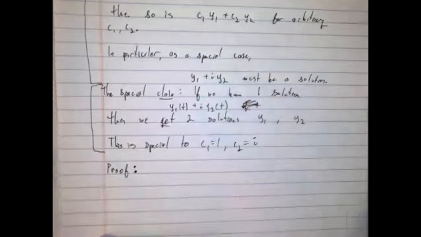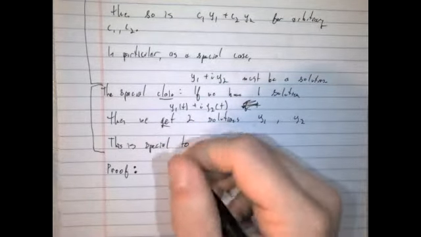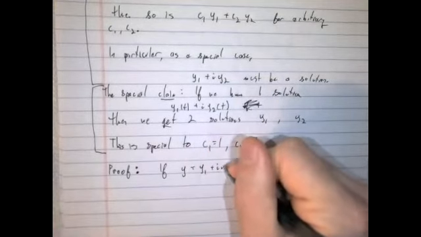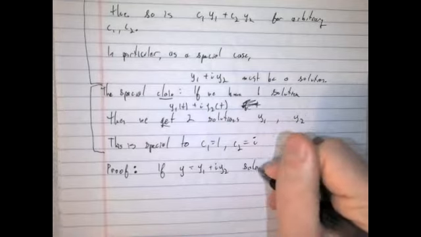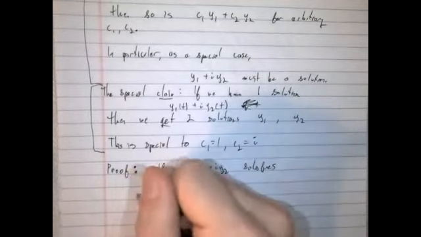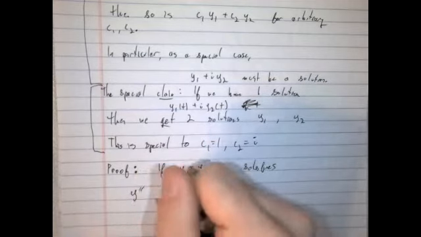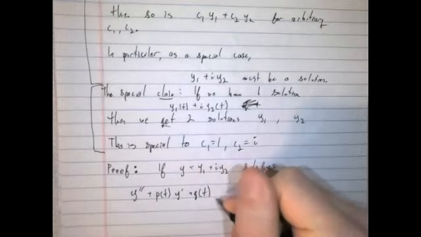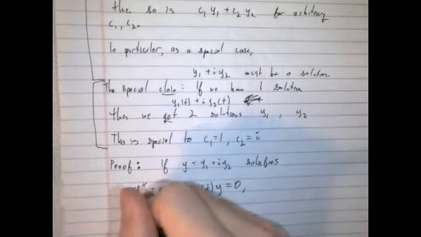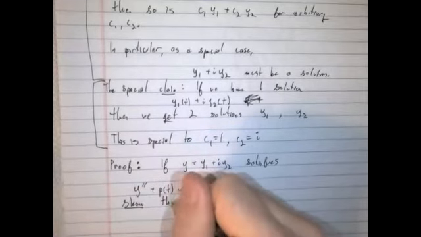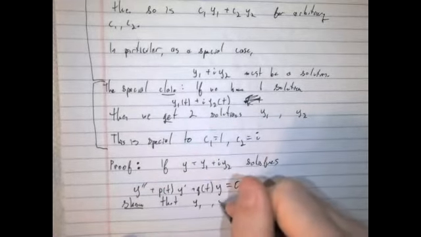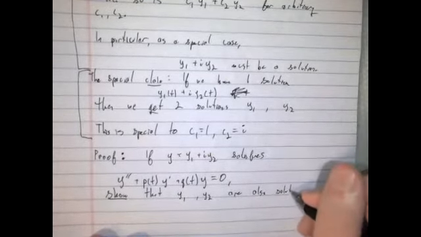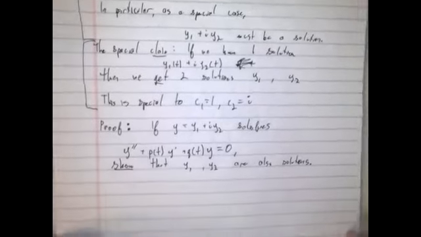Why don't you try to show, so if y is equal to y1 plus I y2 satisfies, let's make it explicit, y double prime plus p of t y prime plus q of t y is equal to 0, show that y1 and y2 are also solutions. Why don't you give this a shot?